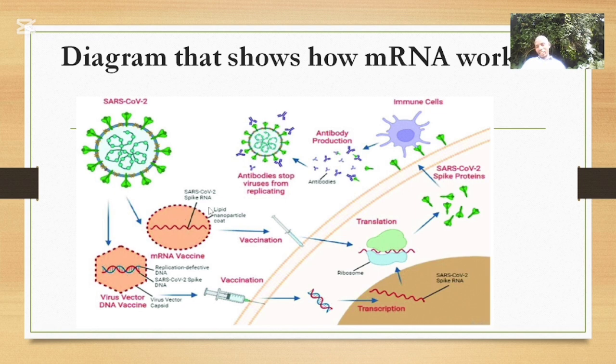When this messenger RNA is synthesized, it means that the vaccine is ready. Now they inject, this is the vaccination. It means the administration of this messenger RNA into the body. It will go in the cells, it will be translated into protein, and automatically this protein will induce the immune system. This is a good example of a messenger RNA vaccine.